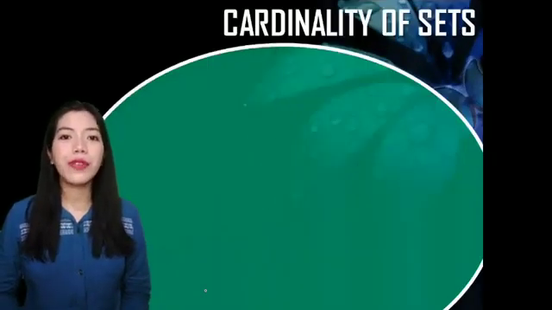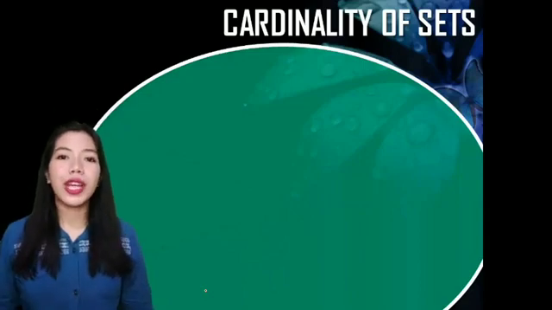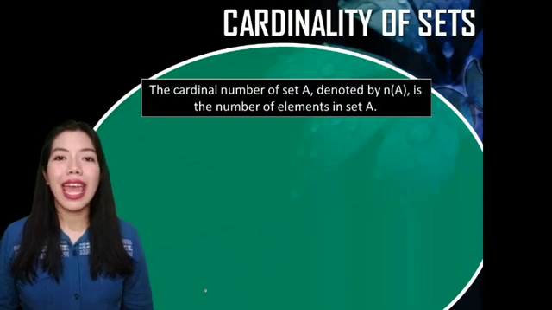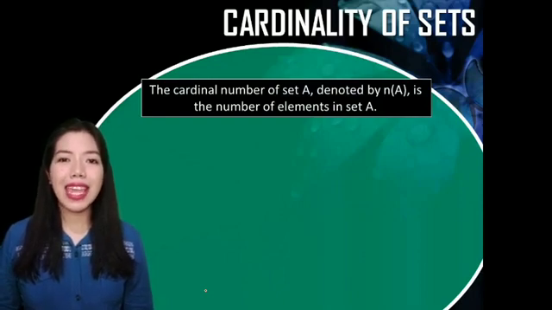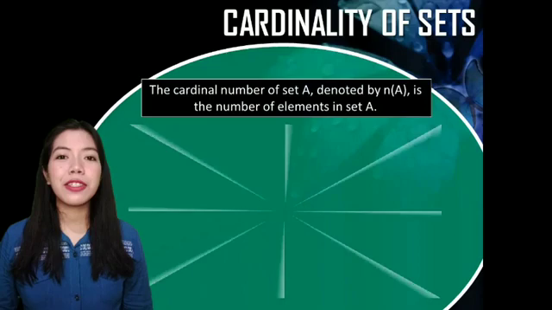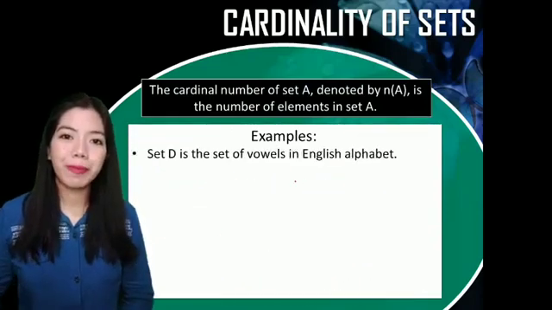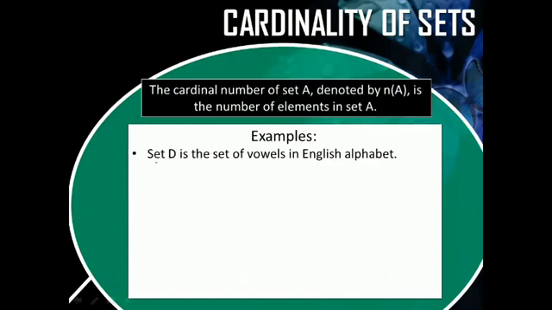Then, we also have the cardinality of sets. The cardinal number of set A, denoted by n, open parenthesis A, close parenthesis, is the number of elements in set A. For example, set B is the set of vowels in the English alphabet.